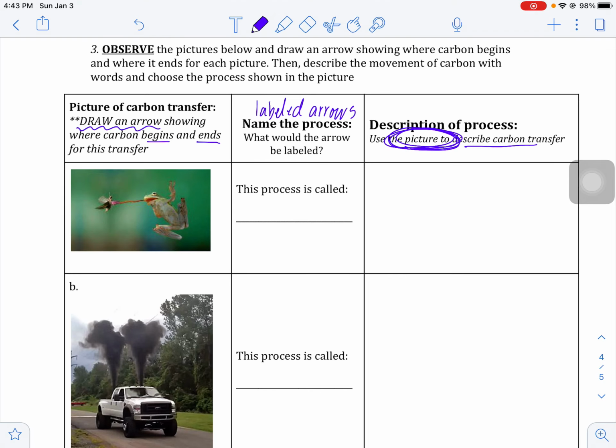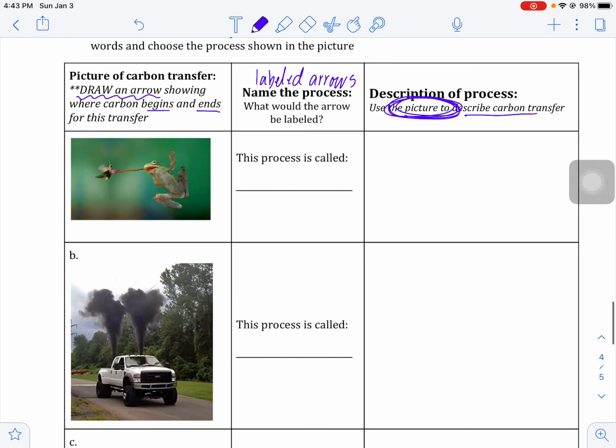this picture. Okay, so for this one here, we see the frog eating this little moth. So if we think about all of our terms, what term is describing carbon being transferred through eating? That hopefully comes to your mind is consumption.